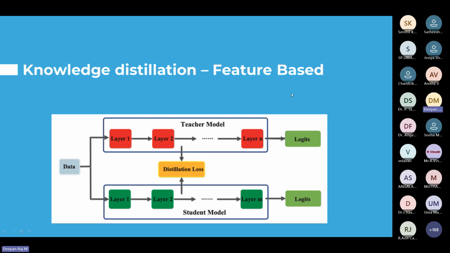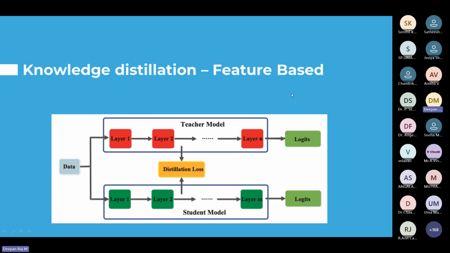This is even more aggressive than the previous method, because the previous method is based on response. The outcome of the teacher is utilized. But here the intermediary outputs, the intermediary gradients of every layer of the teacher are noted down, and the response of the student is also noted down.